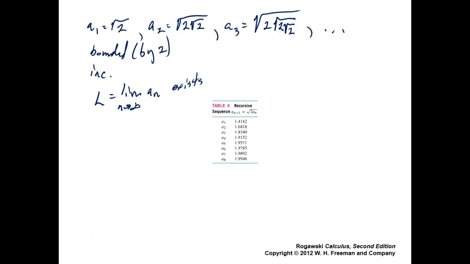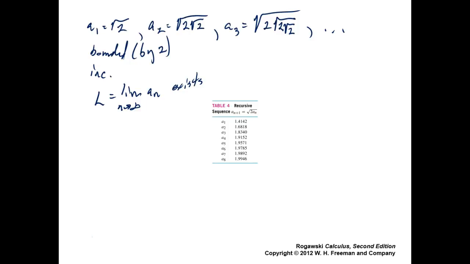And we know that it's bounded by 2. And there's not many numbers between 1.9946 and 2 that you could be converging to, so the limit must be 2.